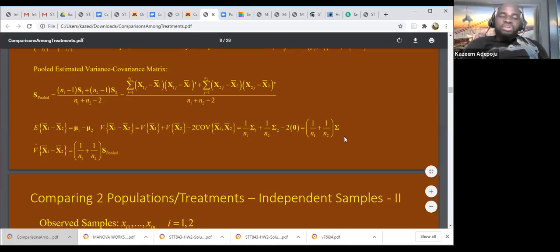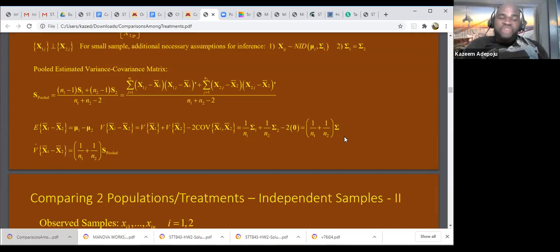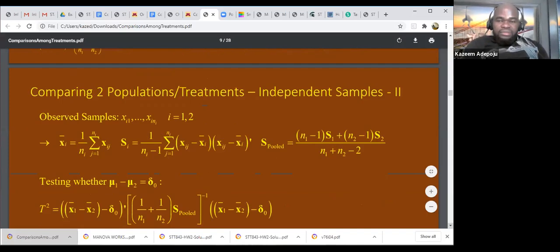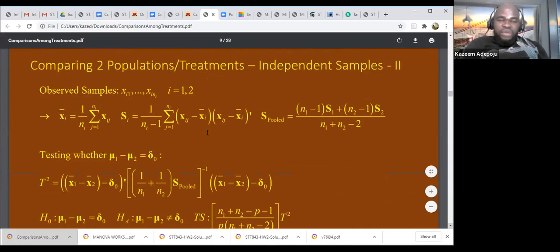So my pooled variance now is this guy here: 1 over n1 plus 1 over n2 times the variance covariance. So I more or less have a pool. Look at that, so that is the formula we have.